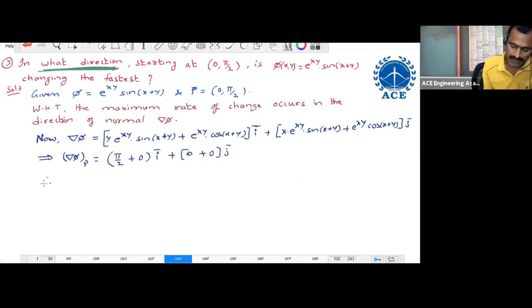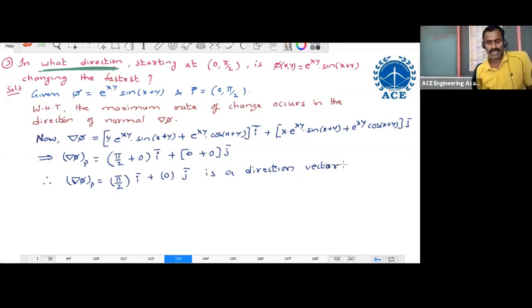Therefore, del φ at P equals pi by 2 into i bar plus 0 into j bar, which is the direction vector along which the maximum rate of change, or fastest change, occurs.